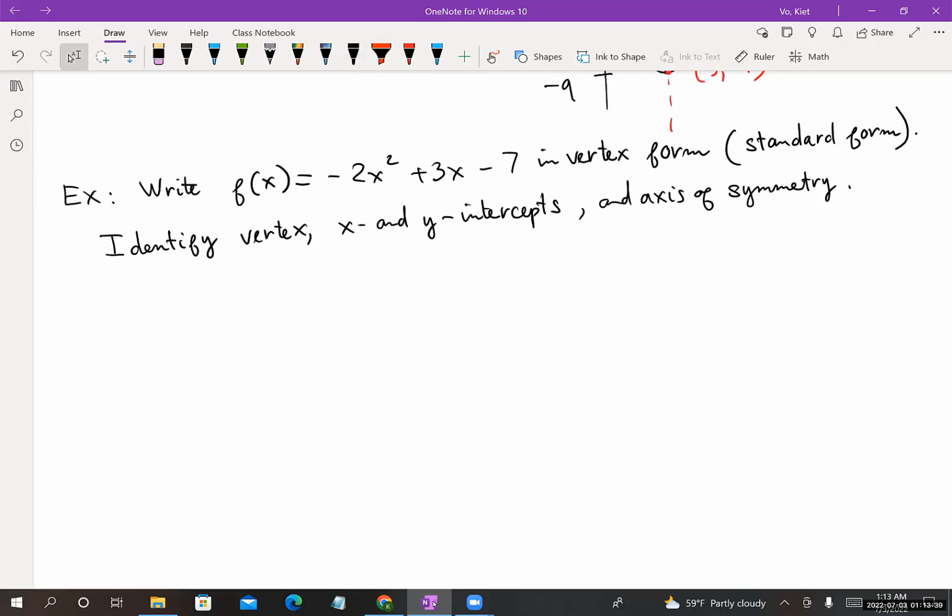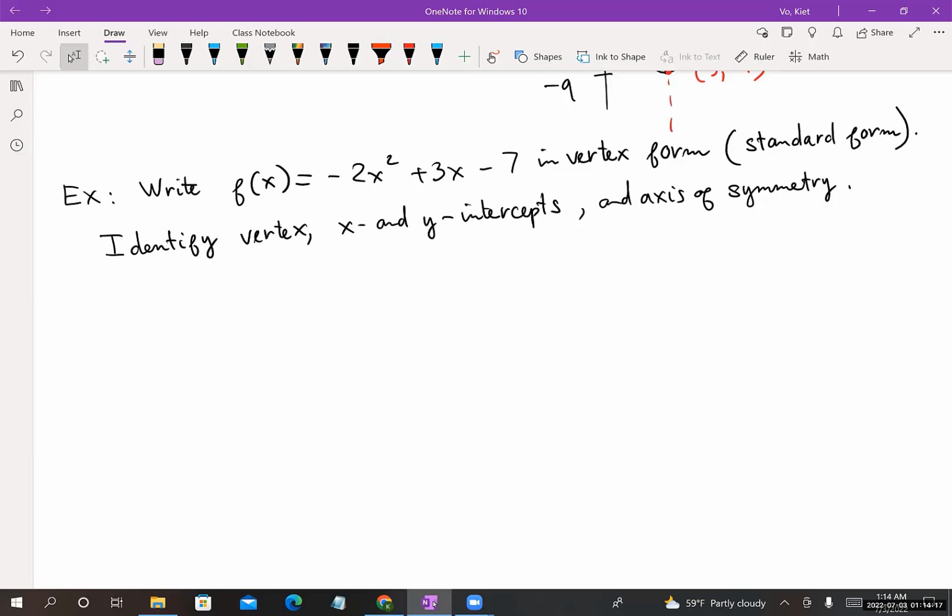Okay, so in order to write a function in vertex form, we're going to use the technique of completing the square, and this is something that I showed you before when we were solving quadratic equations. So this is kind of similar to that. The procedure is you just have to make sure that when you complete the square, the coefficient on the x squared has to be 1. Here the coefficient is -2, so we're going to have to factor out the -2.